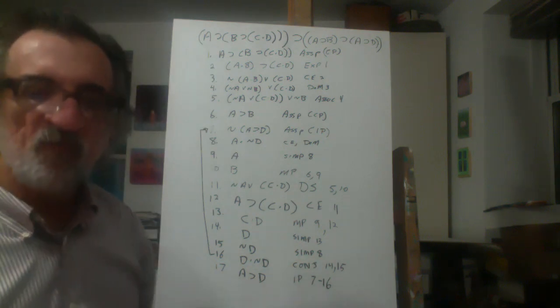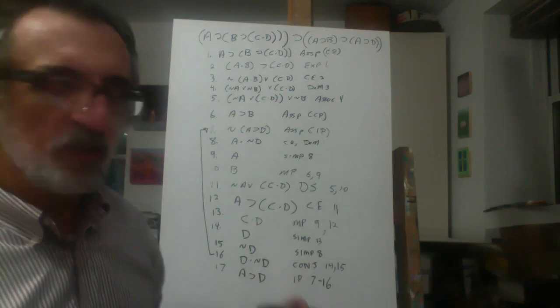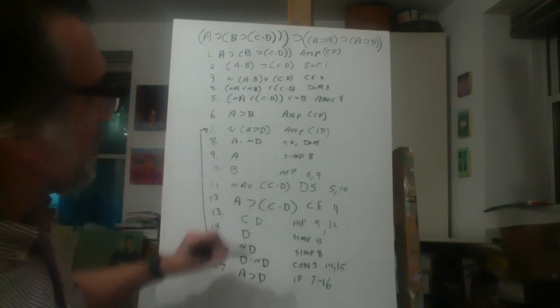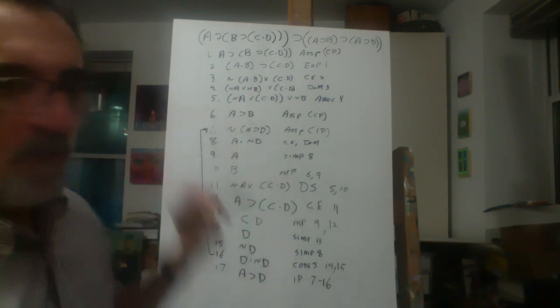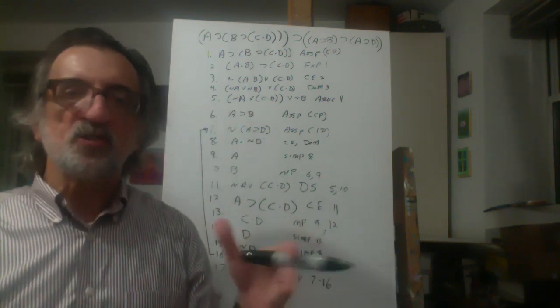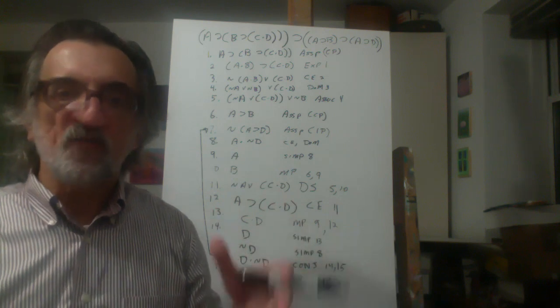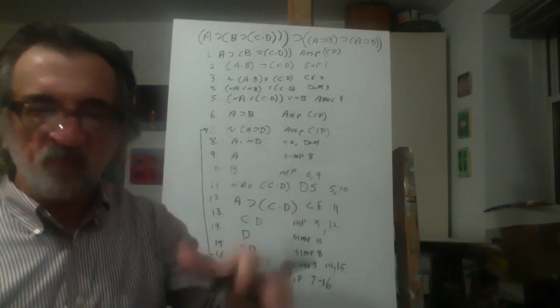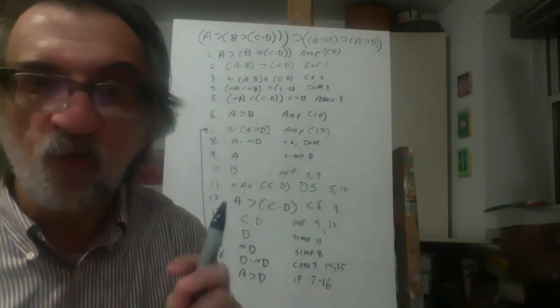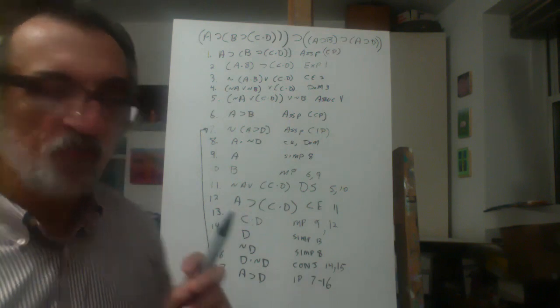Our indirect proof brought us to the conclusion A horseshoe D. But remember, this is all happening inside a conditional proof whose first assumption, I mean, this is the internal conditional proof 2, whose posit was A horseshoe B.